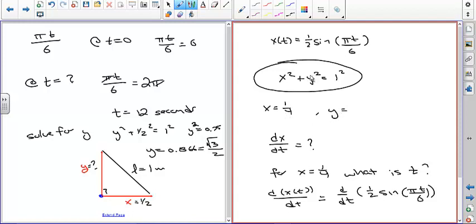You'll also find out that you need to know what dx/dt is. To do that, you're going to need to figure out what value of t gives you x equals 1/4. And also, you're going to need to find dx/dt by taking the derivative of this with respect to time. So I would do them this way. Step 1: take the derivative of this with respect to time. Step 2 is to use the Pythagorean theorem to solve for y.